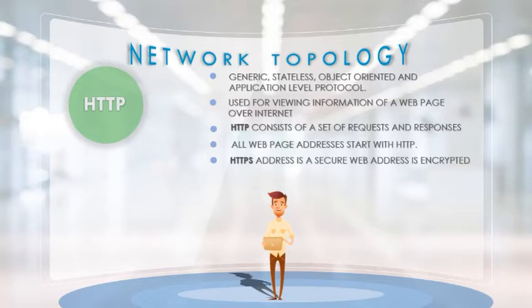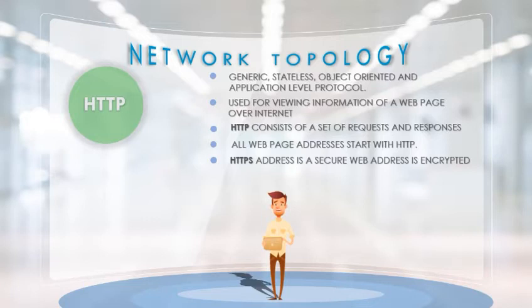Using the HTTP protocol, a client system requests a particular resource from the server, and the server returns the resource with the HTTP response. All web page addresses start with HTTP, as we have already said.